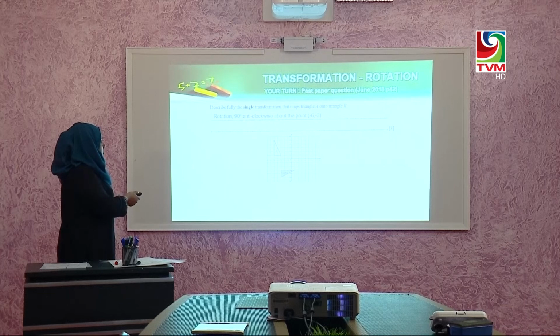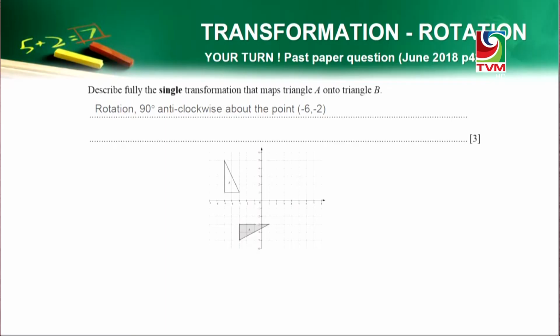Here it is anti-clockwise, and from where it is rotated, that is the center of rotation, -6, -2. As you can see here, this is 3 marks. You get 1 mark for writing the word rotation, 1 mark for writing the angle and the direction, and 1 mark for writing the center of rotation.